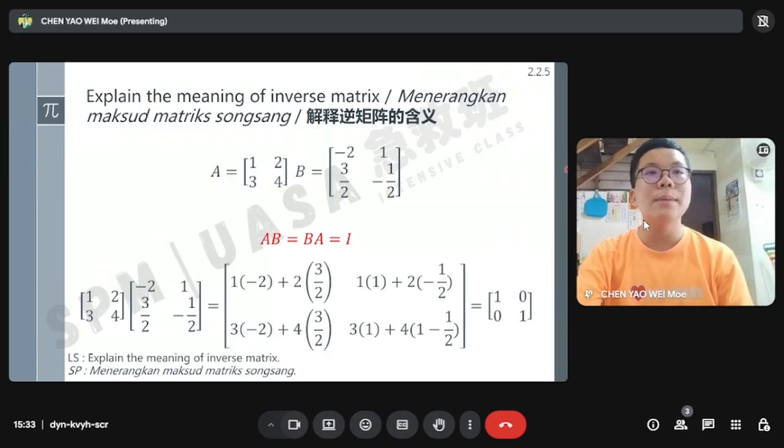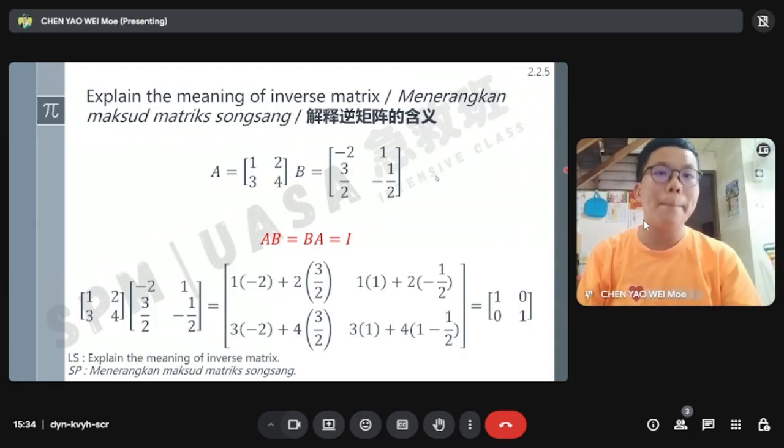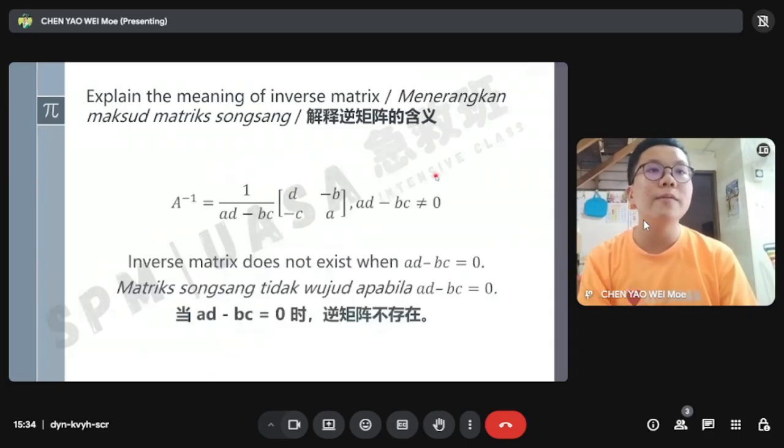Okay, I change it to A inverse, then you know why I say that. How do we convert from a normal matrix to an inverse matrix? By using this formula: A inverse equals 1 over AD minus BC, and this matrix we change like this.